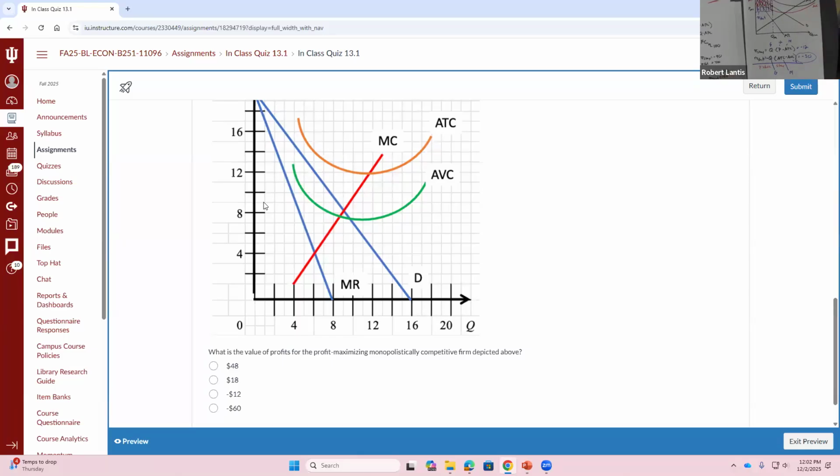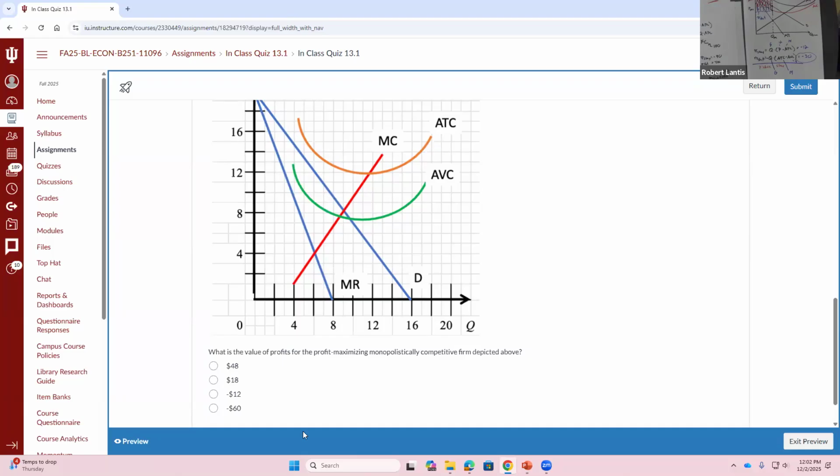Okay. Any questions on that idea or where I was pulling that 9 from? It was just that average variable cost at that quantity of 6. Okay. Any other questions on that? Okay.